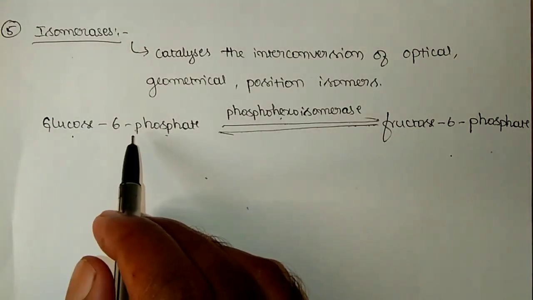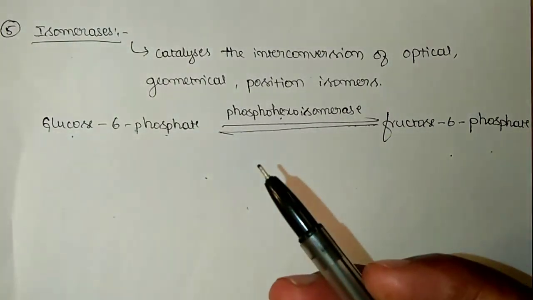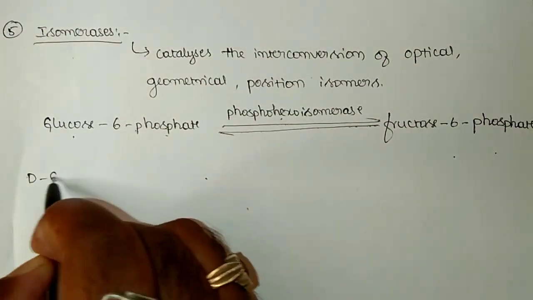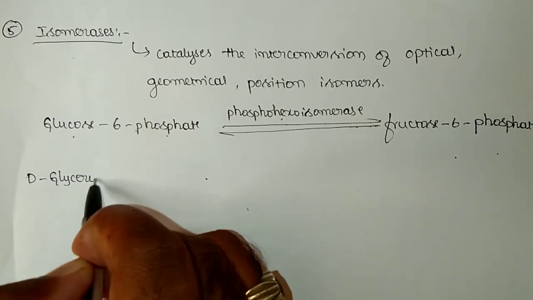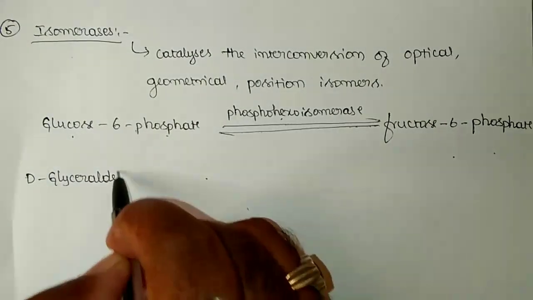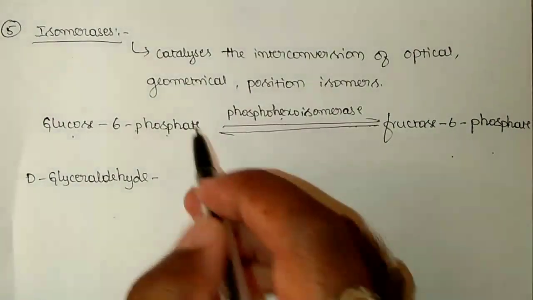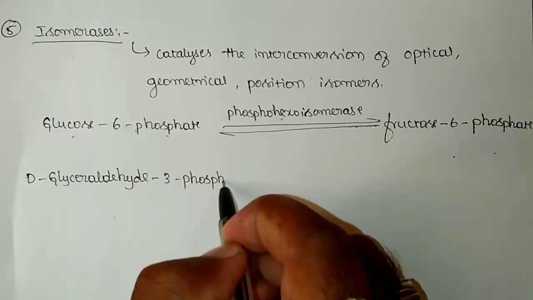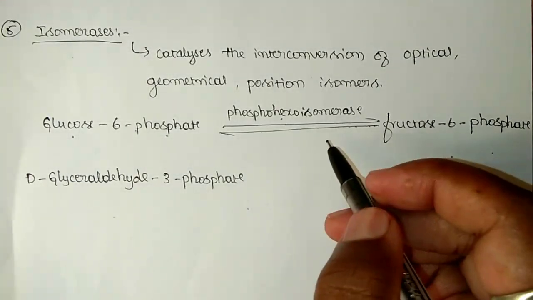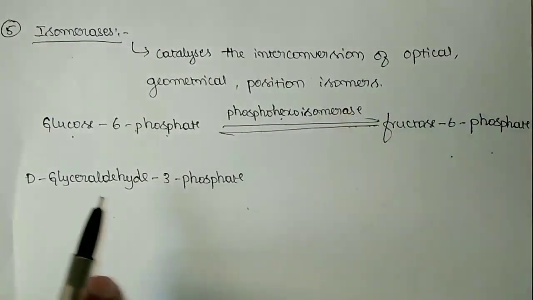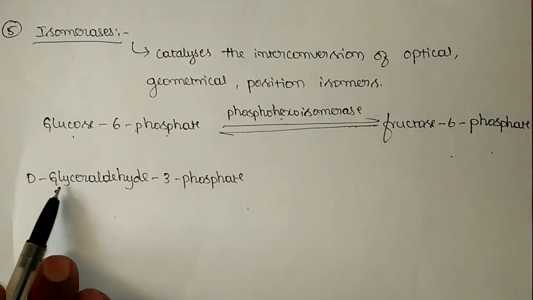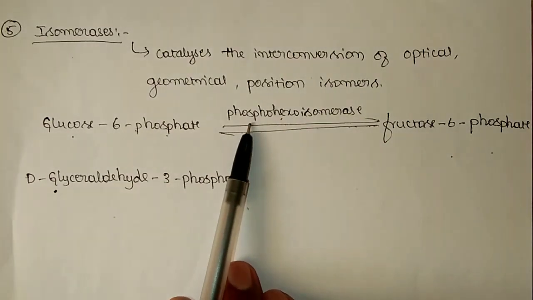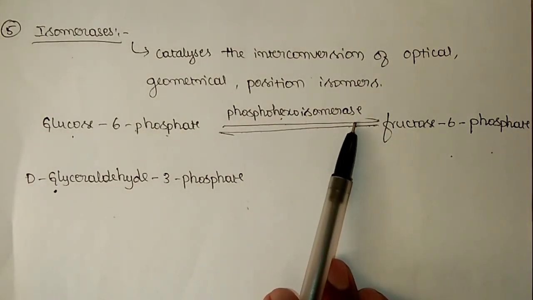And let us consider one more example. Let us consider D-glyceraldehyde 3-phosphate. And here we know that glyceraldehyde is a molecule consisting of only 3 carbon atoms. So here we said phosphohexoisomerase, right?